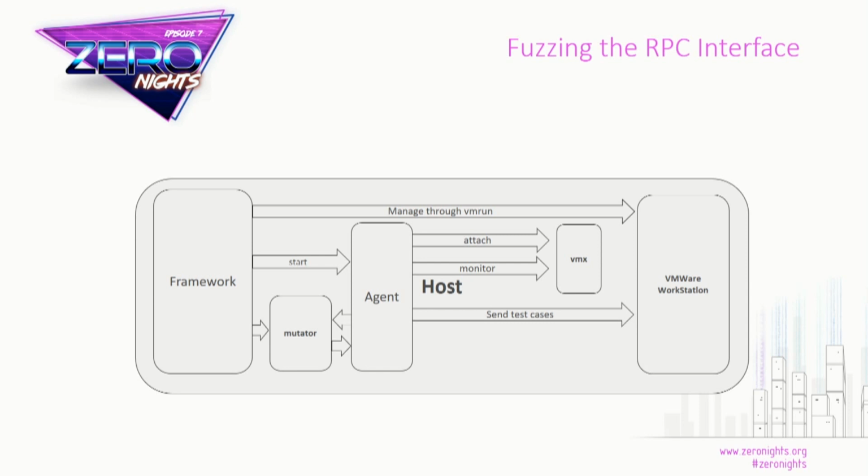As for managing VMs, if you have like 10 VMs and you want to fuzz all of them, you can basically manage them through vmrun, which is a tool that's shipped with VMware Workstation. So this works. I'm not going to say it's ideal, but it has some issues.